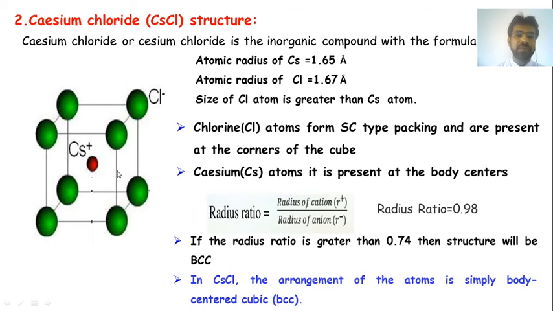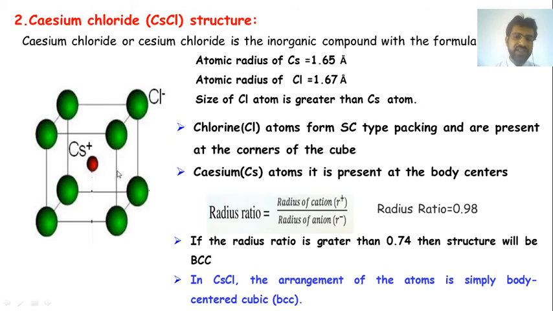If we take the radius ratio of these two atoms, it is observed to be 0.98. From the observations, if the radius ratio is greater than 0.74, then the structure will be BCC. Thus, the cesium chloride structure is also a BCC type.